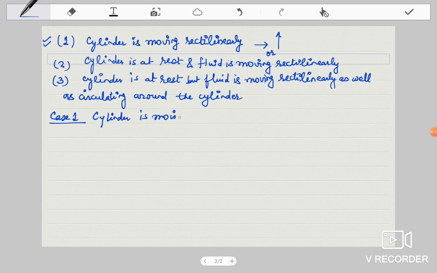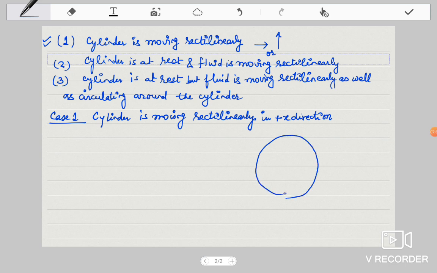That means I am considering the cylinder is moving rectilinearly. I assume that it is moving rectilinearly in the positive x direction. Clear? So suppose this is your cylinder. Consider a cylinder of unit depth.